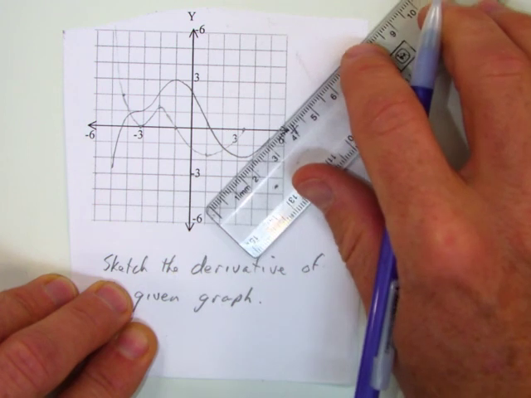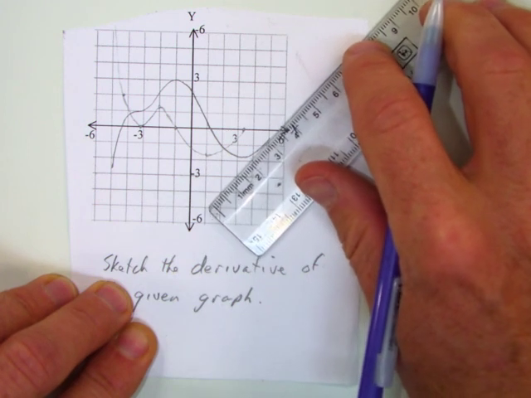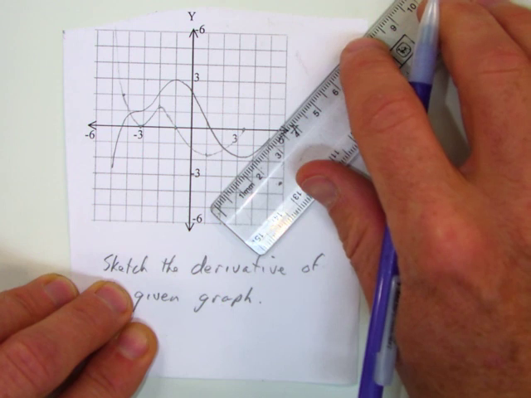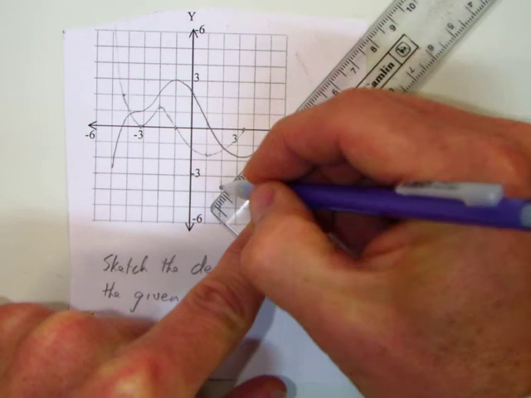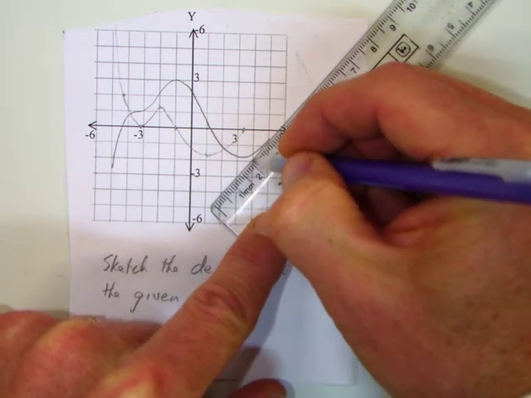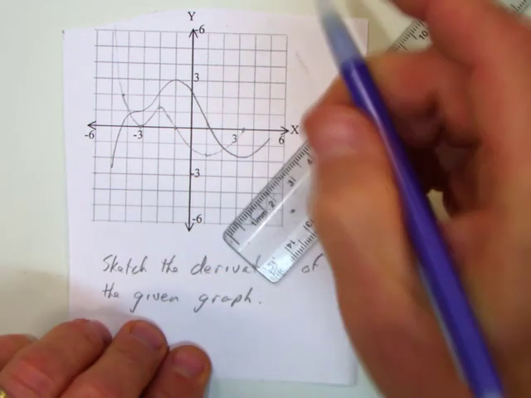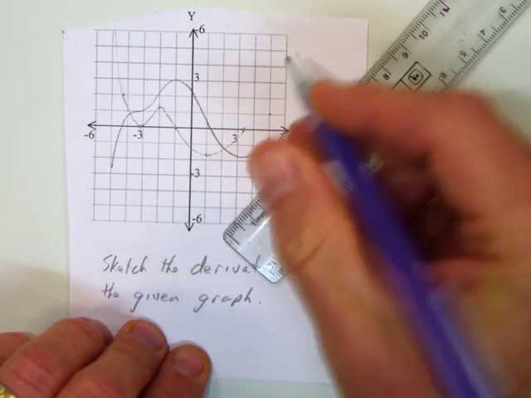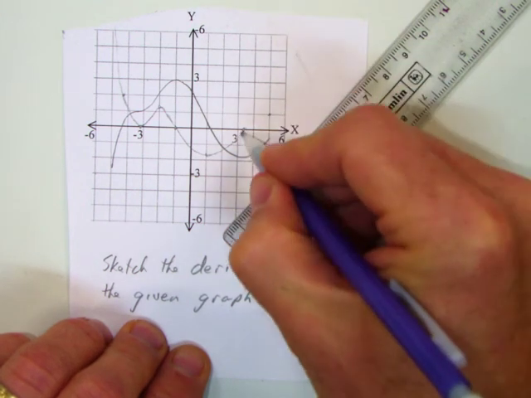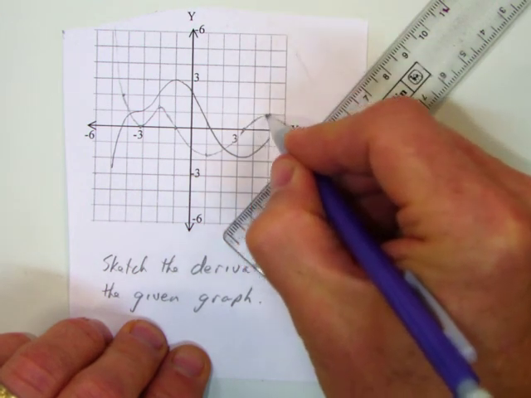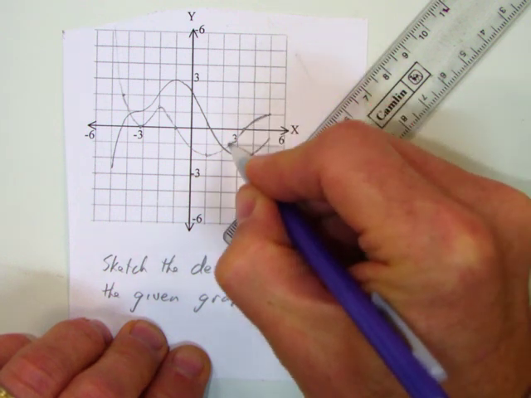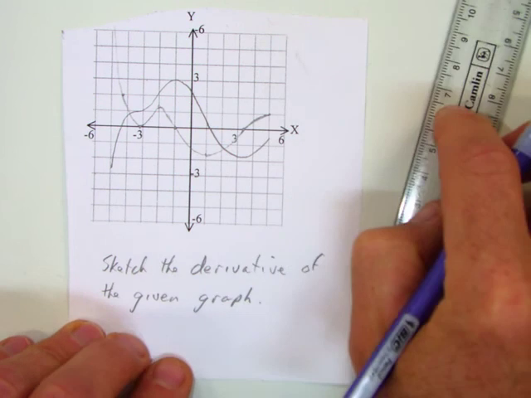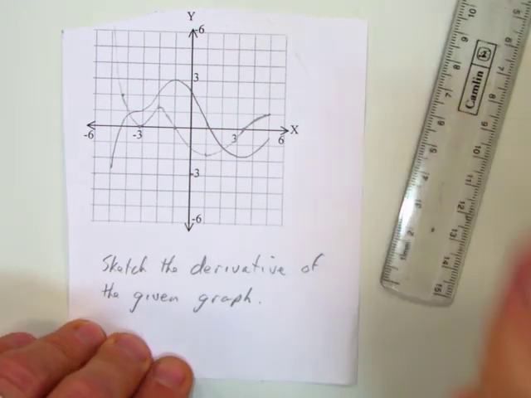And what would be an estimate for this one? It looks like a decent one there. And that looks like up to over 2, so that looks like a slope of 1. So we're going to somewhere around here. And for now, this would be sufficient on how to sketch that derivative.